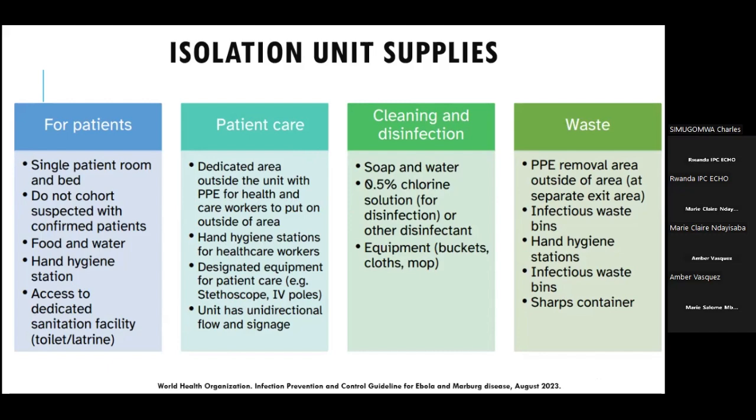It should be green, going to red, and then coming out without going back. You must have cleaning and disinfection equipment: soap and water, detergent, and chlorine as the disinfectant. Equipment for isolation should not be used in other areas of the facility. The equipment for the green zone must be kept for the green zone, and the equipment for the red zone must be kept for the red zone, not interchangeably.